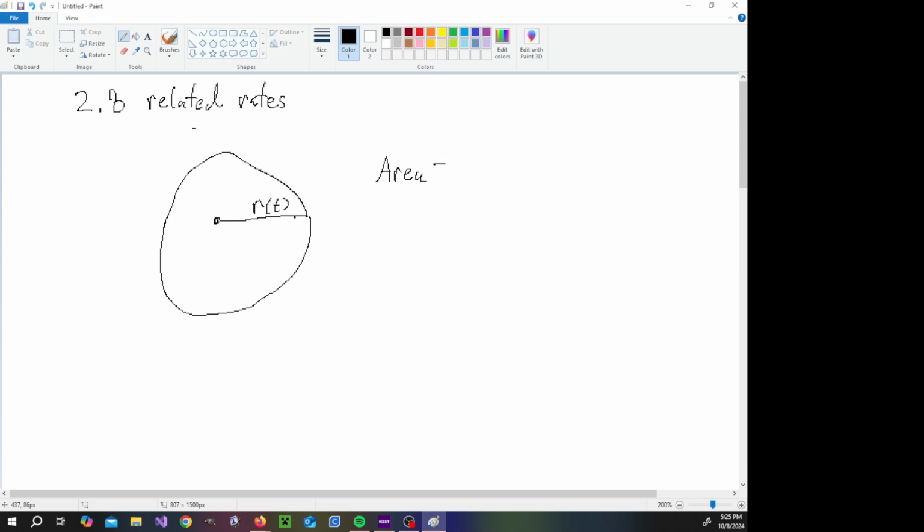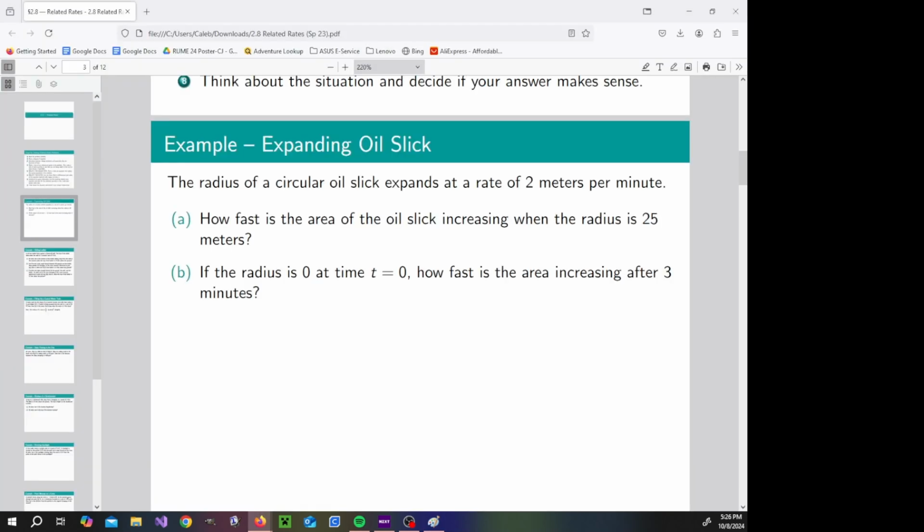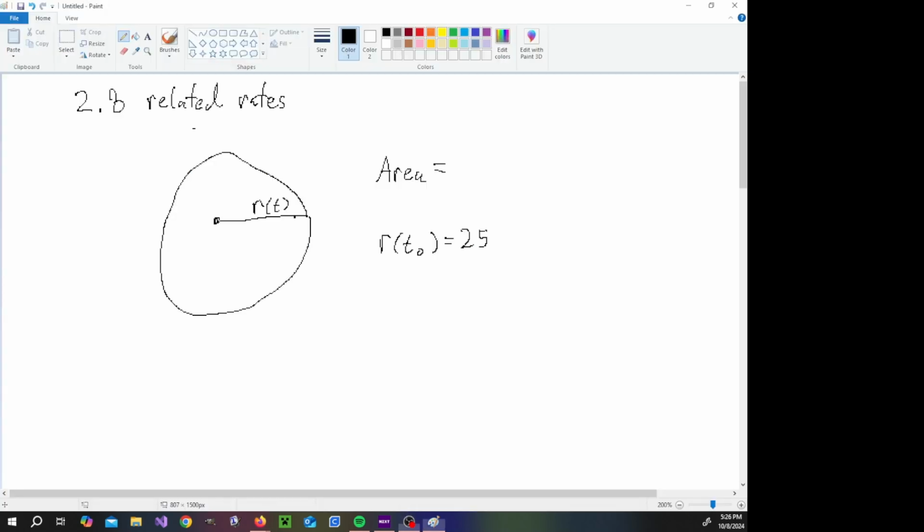So we know that we're going to need to write something with area. And we know that there's going to be some time, I'm going to call t naught, where the radius is 25, right? So it says, how fast is the area of the oil slick increasing when the radius is 25 meters? So we want the change of the area.